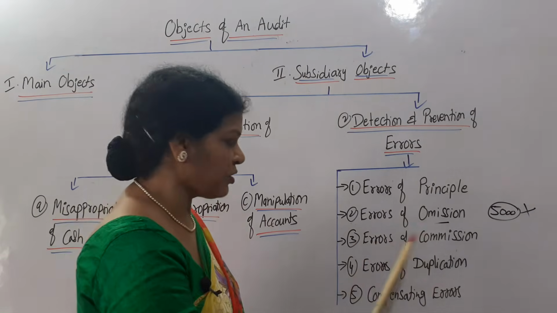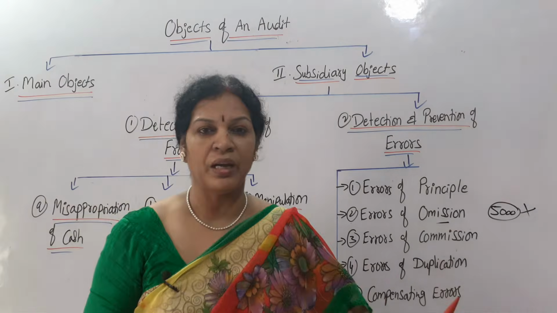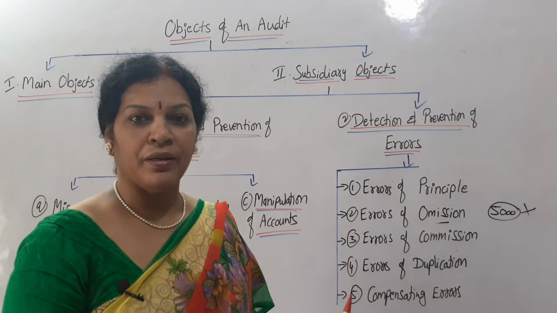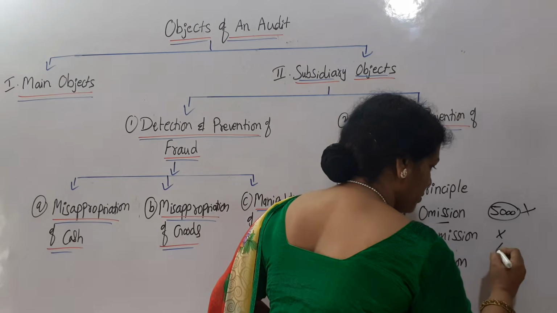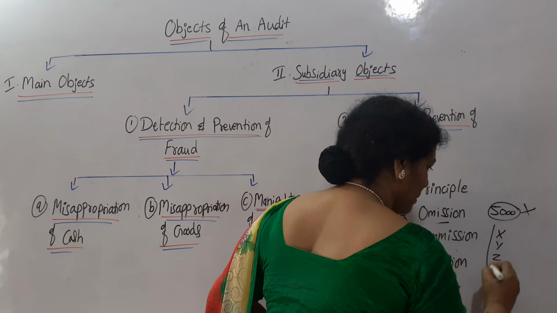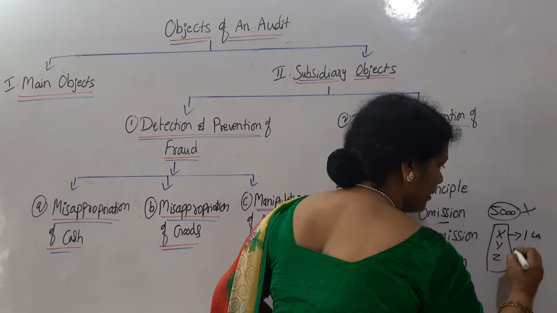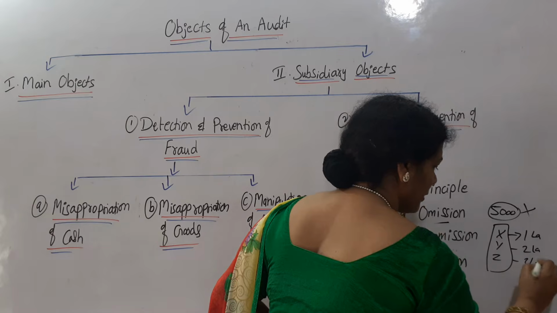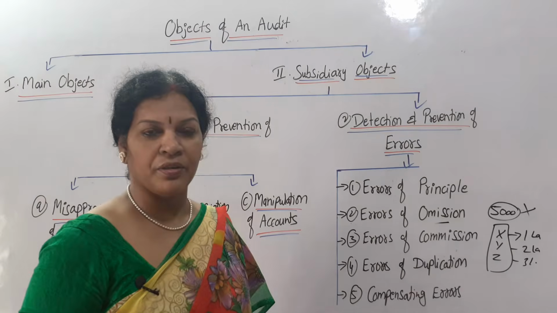Say for example, I have received an amount from XYZ debtors. Debtors are XYZ. From these people, I have received amounts of say 1 lakh, 2 lakh and 3 lakh. Here I am taking the example of error of commission. Okay.